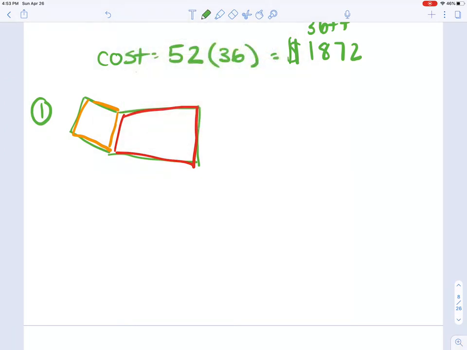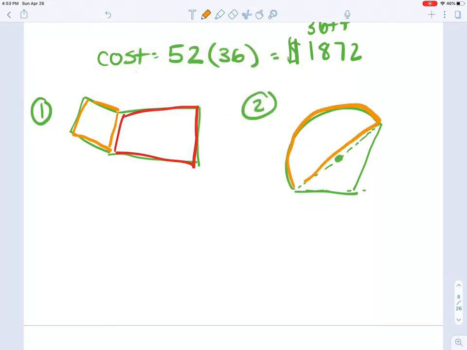In the next one, like number 2, okay, the picture looks like this. I would see a half circle and a triangle.